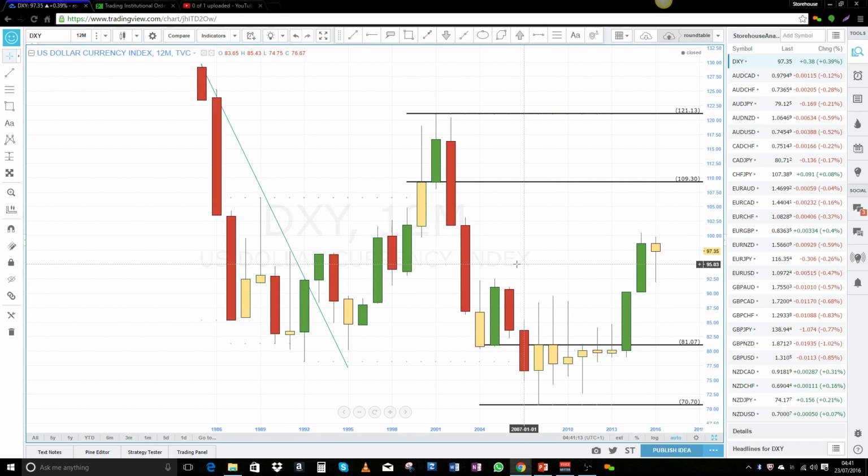Can we glean any information from the macro picture? Because at the end of the day, with all the fundamental stuff behind any pair, the main thing that matters to us is obviously the price of the pair, whether the interest rates are this or the GDP of the countries are that. At the end of the day, it will all be represented on where people put their money, which is shown on the charts.